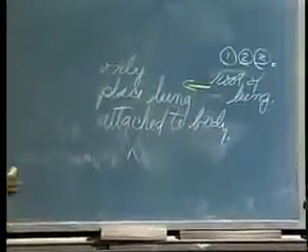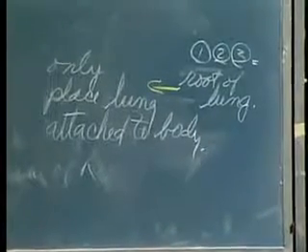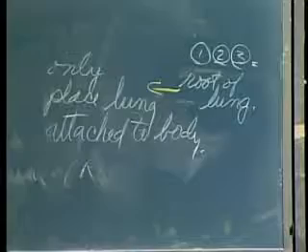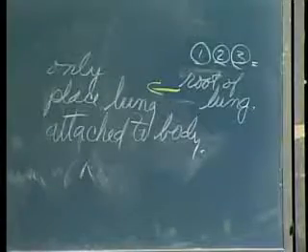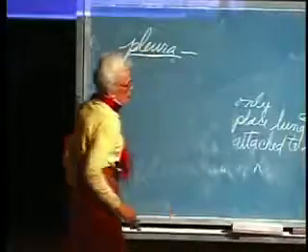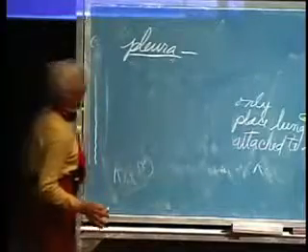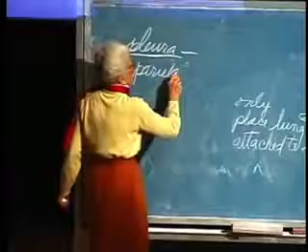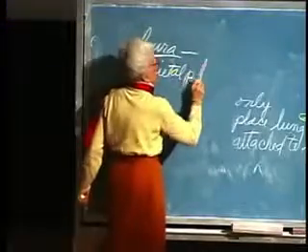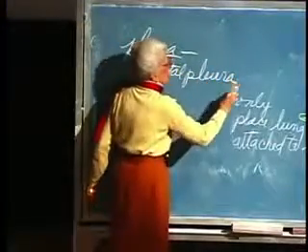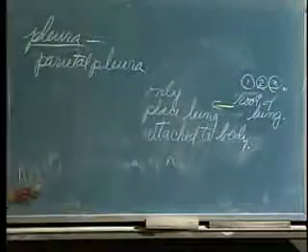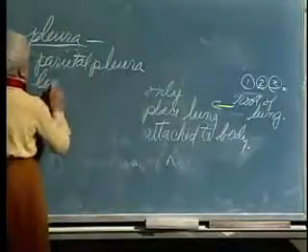Then the lung is going to have its coverings, just like we had with the heart. We're going to have the pleura. So we'll have a parietal pleura, and it will be lining the thoracic cavity.